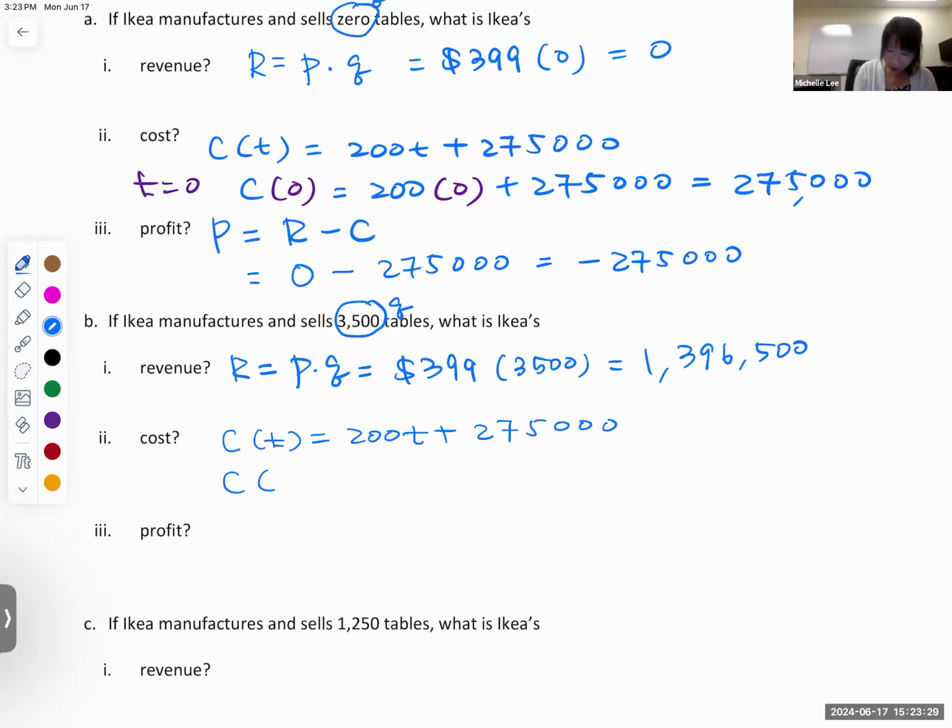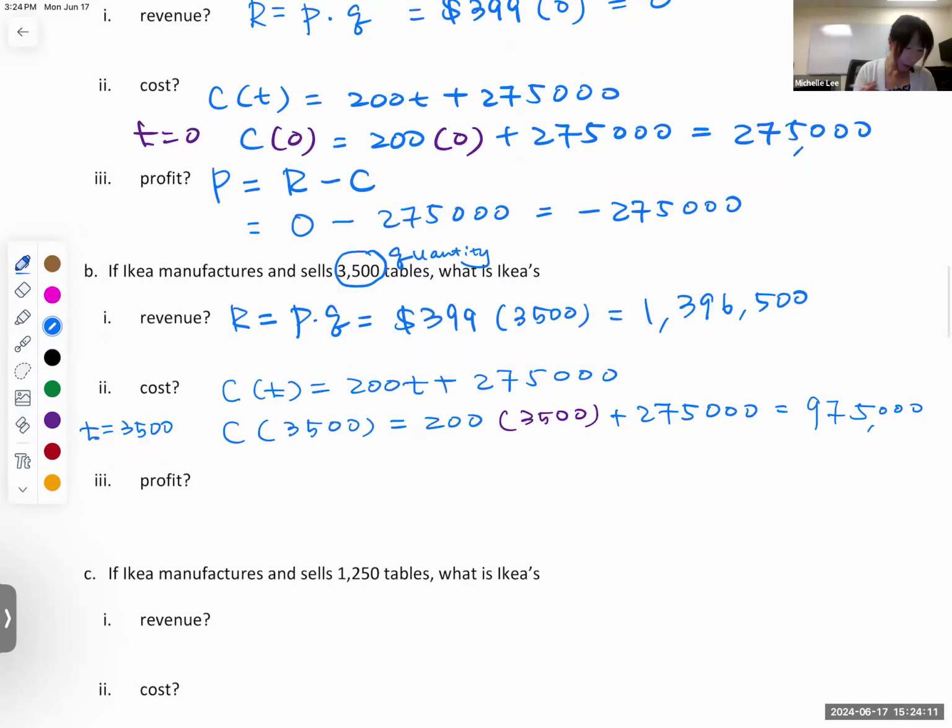Then C of the quantity, which is tables, so C of T where T equals 3,500 equals 200 times 3,500 plus 275,000. So we will get this one, let me see, $975,000. So please correct me if I make a mistake.